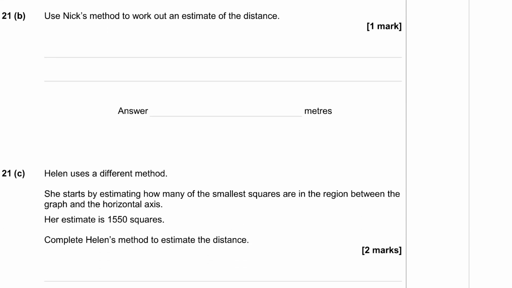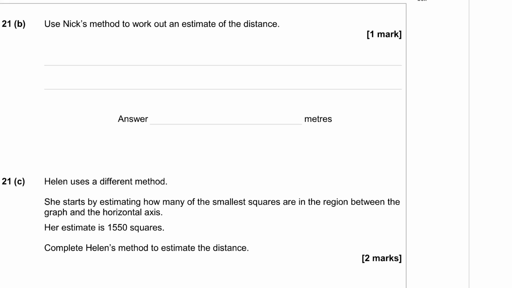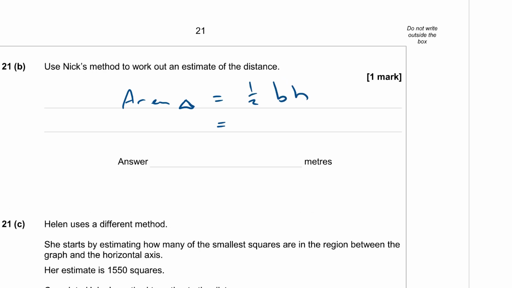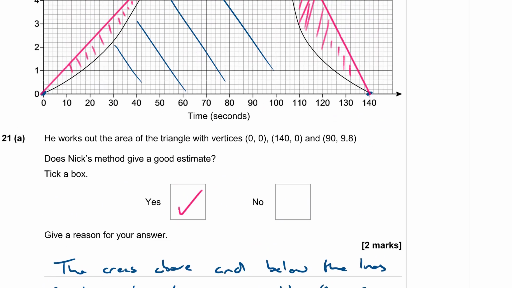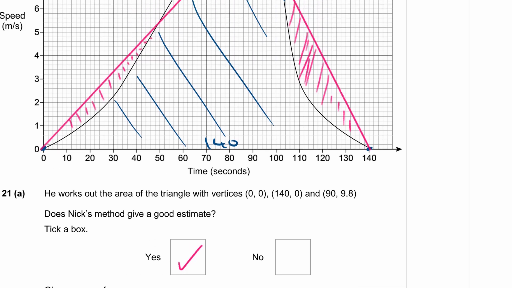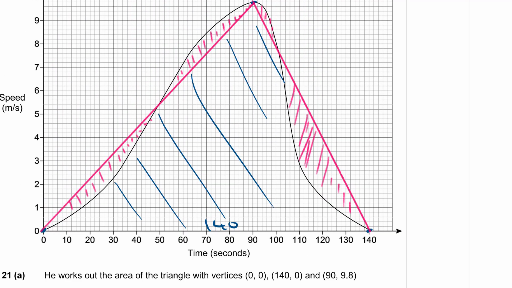Okay, so part B, use Nick's method to work out an estimate of the distance. Basically we just need to work out the area of that triangle. So area of a triangle is half base times height. The baseline is of length 140, it's from 0 to 140, and the height is 9.8.